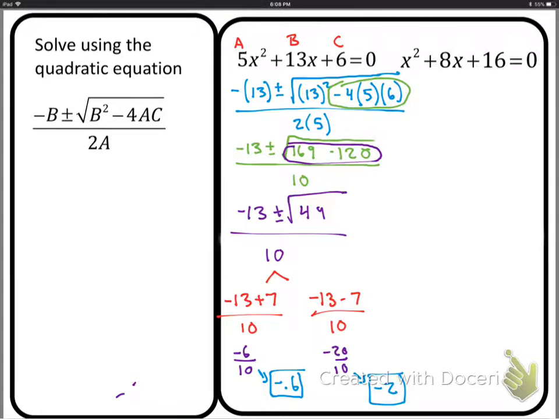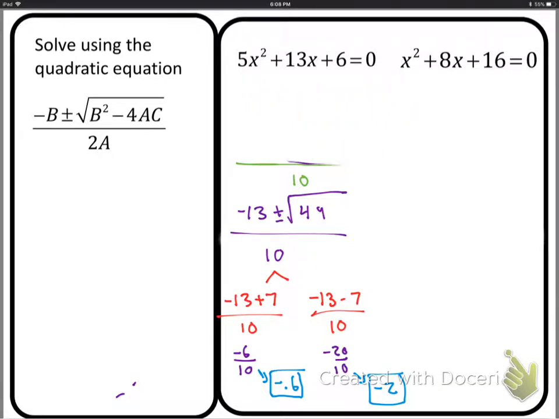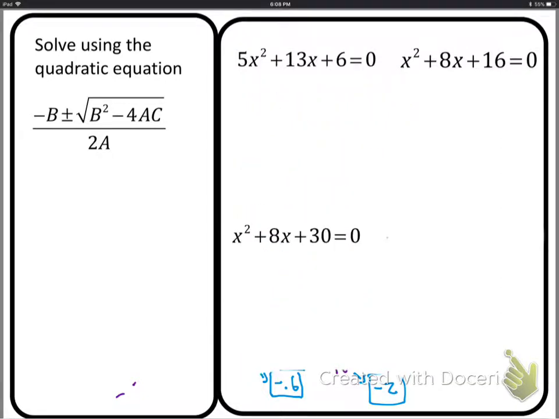So now I'm going to erase this so I can go on to the next one. And again, you're always welcome to go ahead and pause these videos so you can catch up or copy. Okay, so now we're looking at x squared plus 8x plus 16. Remember, I have my a, my b, and my c, and my a here is 1. So I'm going to plug it straight in.